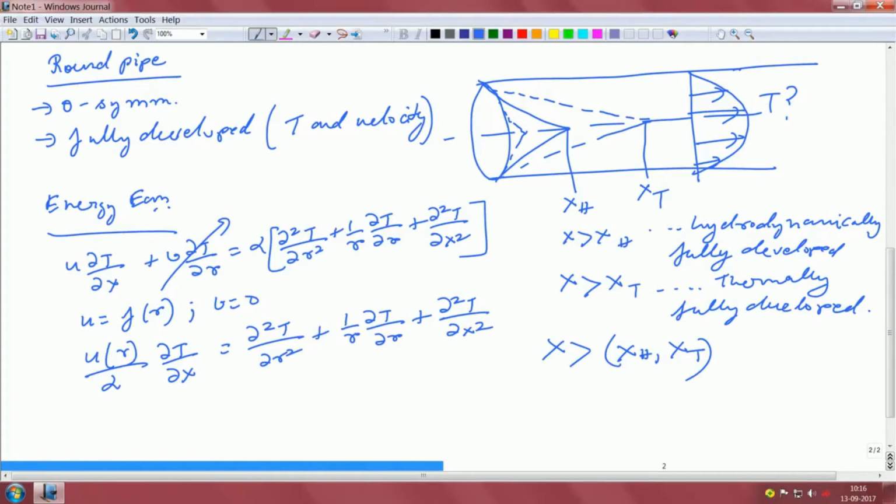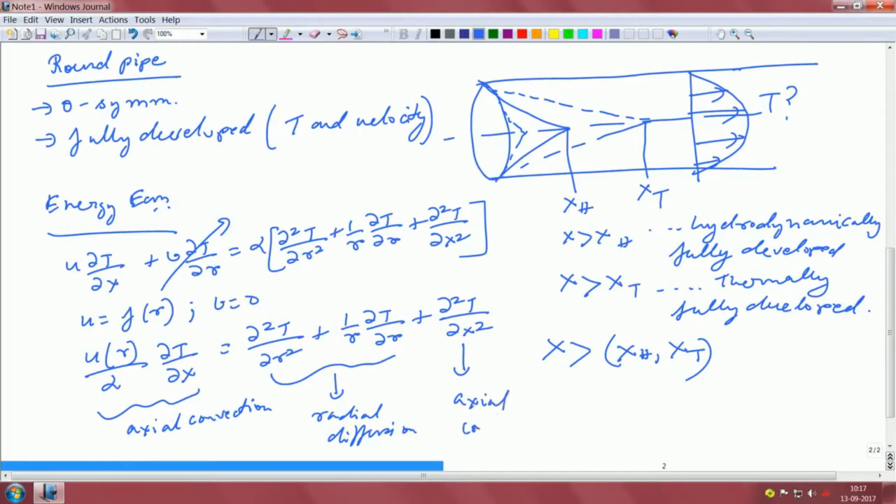Now, there are three main terms in this equation. This is what we call the axial convection. This is what we can call radial diffusion or conduction, and this one is called axial conduction. So, you have the axial convection, then the radial diffusion, and then the axial conduction.